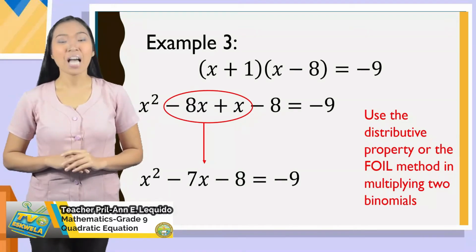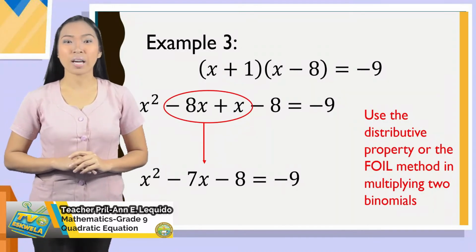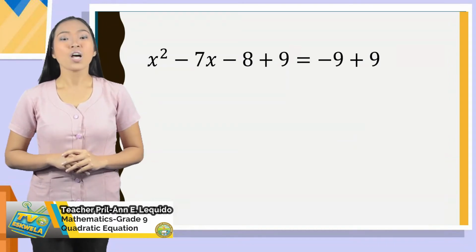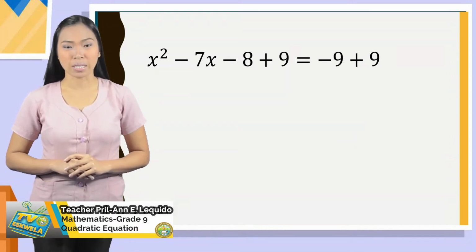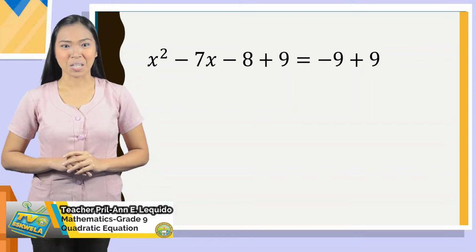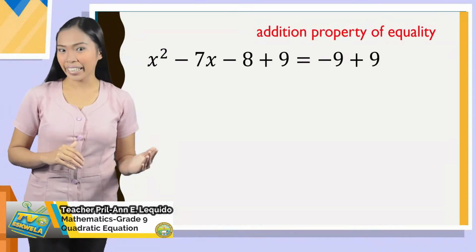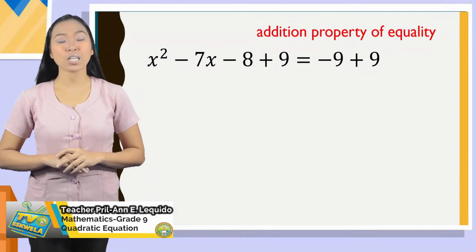It's now time to make the right side of the equation 0. To do this, use the addition property of equality. That is, we will add 9 to both sides of the equation.